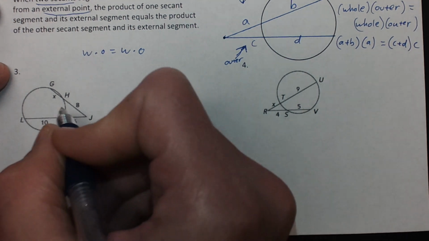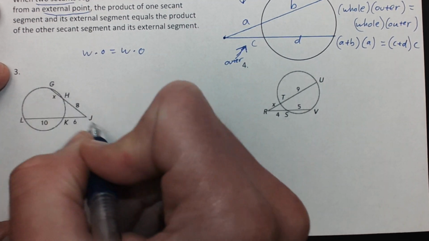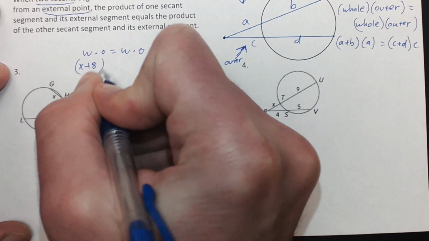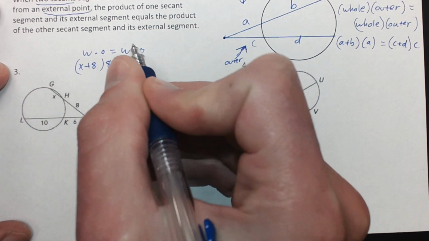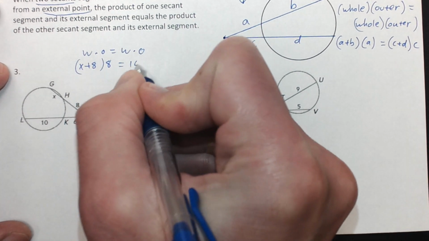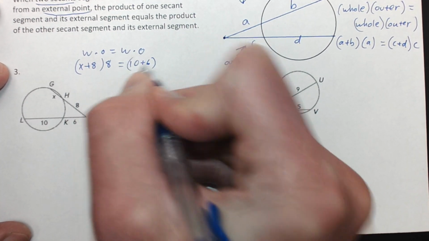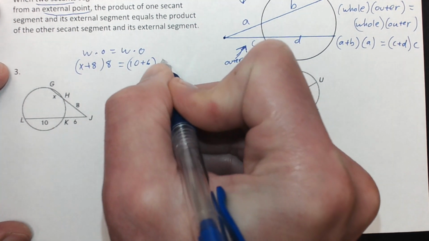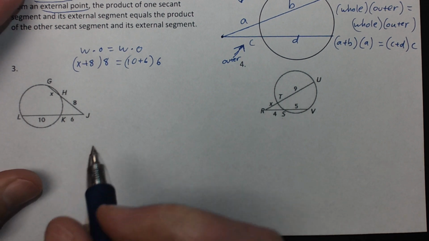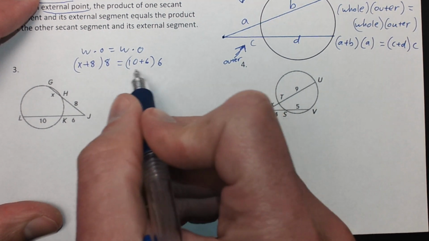And what does that give you in this case? I'm going to say the whole thing for this top secant is x plus 8 times just the outer part of that, which is just my 8, is equal to the whole thing of the other one, 10 plus 6, times just the 6. Well, I'm going to have to distribute on the left side, and I probably want to combine on the right side.